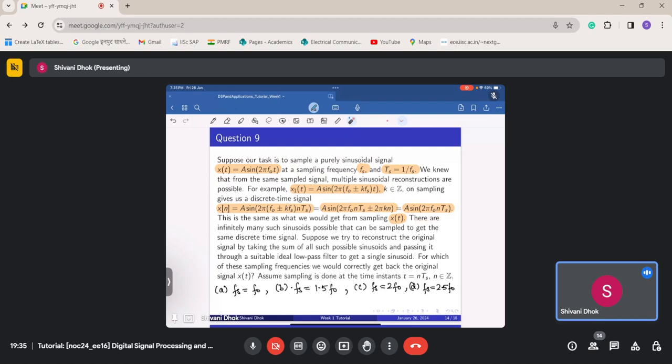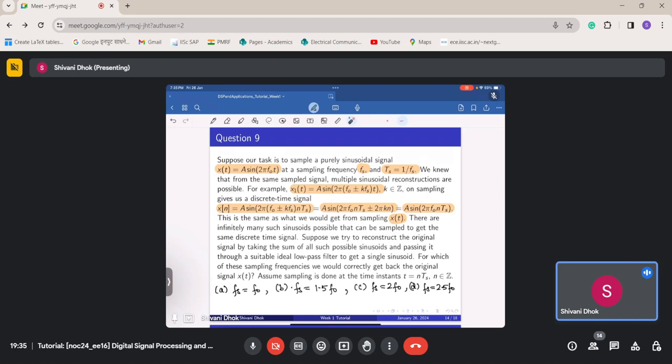There are infinitely many such sinusoids possible that can be sampled to get the same discrete time signal. Now suppose we try to reconstruct the original signal by taking the sum of all such possible sinusoids and passing it through a suitable ideal low pass filter.